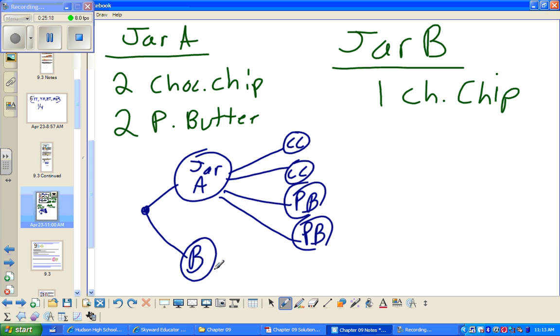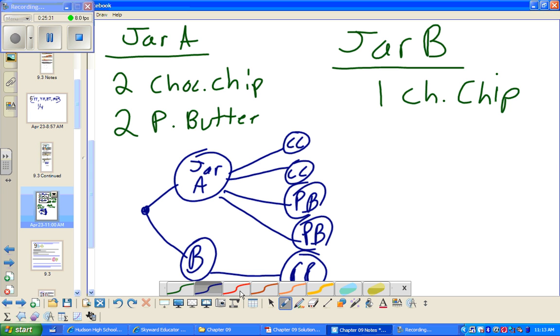But if we chose jar B, we would have to get a chocolate chip. That's the only option. So then what we can do is look at it as you have to choose a jar first. You've got a 0.5 chance of picking jar A and a 0.5 chance of picking jar B.